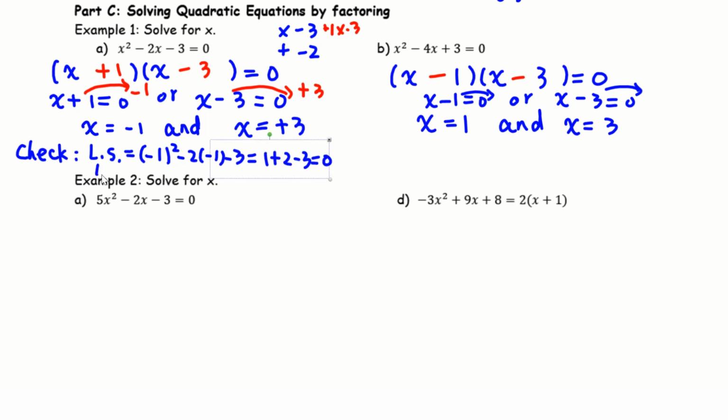So left side equals 3 squared. Replace x with 3. Minus 2 times 3 minus 3 gives you 9 minus 6 minus 3, then equals 0 again. Both equal the right side, so both x-intercepts are correct. And you could do the checking for the next one.